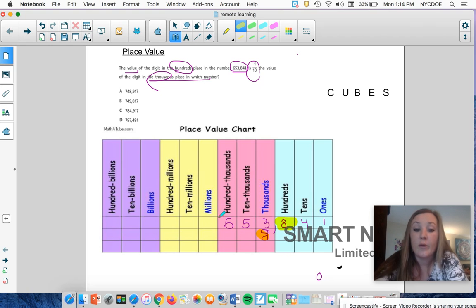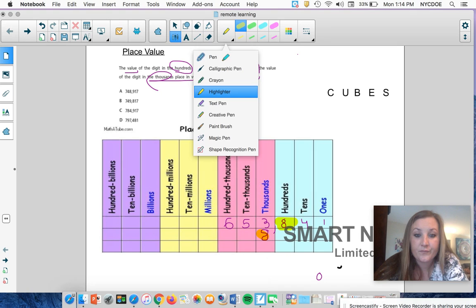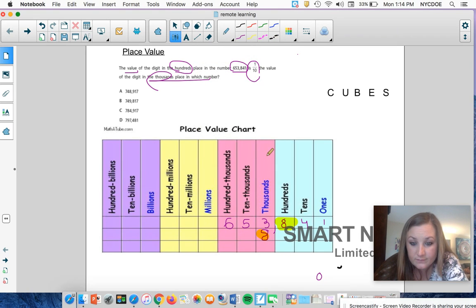We also know that this number right here, the value is 1/10 smaller. So remember, when we move to the right in our place value system, it's going to get 1/10 smaller, okay? So hundreds is smaller than thousands by 10 times.